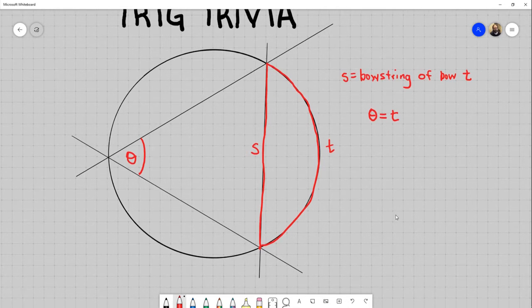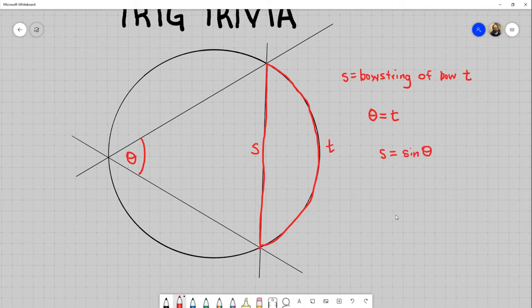And it turns out, and this was a fun exercise for me, that the length of the bowstring S is sine of theta.